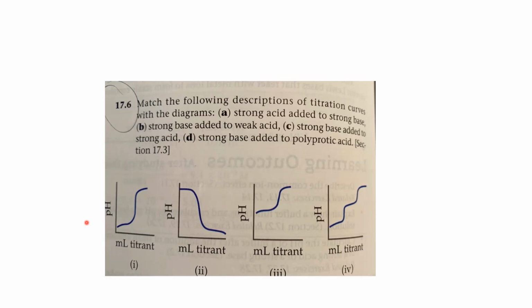And then depending on exactly what we have, we see different shapes to these curves. So if we're trying to identify which each of these are going to be, what are we adding to what? We can first just look to see where that pH is, to see what we have in solution. So in the case of this first one, we're starting with a low pH, so we're going to be adding base to acid.